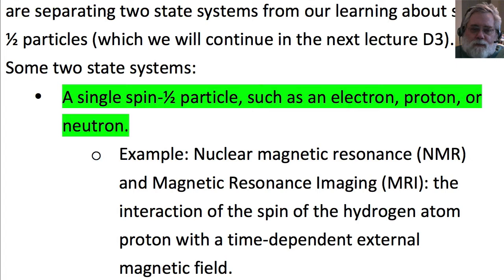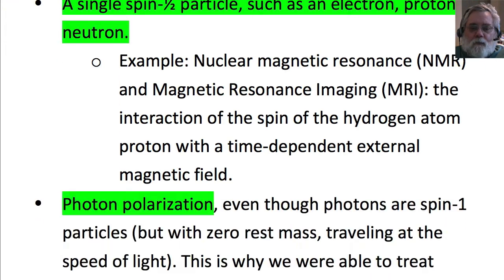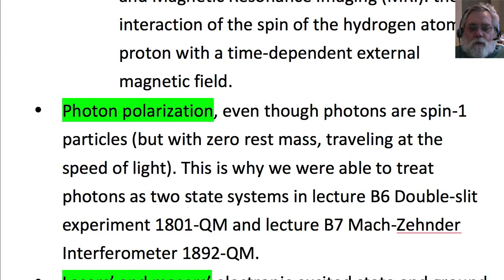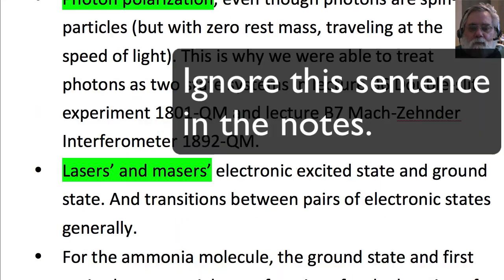That is a two-state system. Photon polarization. Even though photons as particles are spin 1 particles, they have zero rest mass, they're traveling at the speed of light, and their polarization is a two-state system.